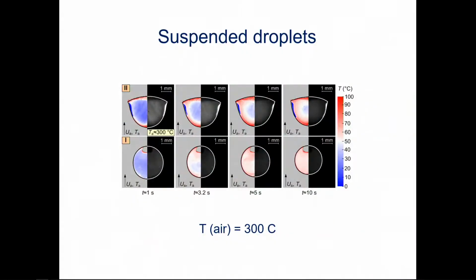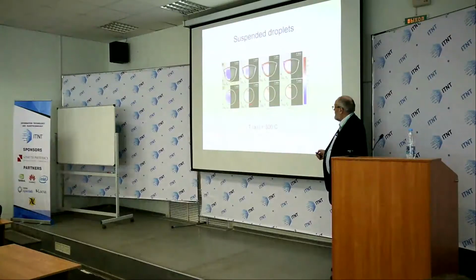The experimental technique which they used allowed them to estimate the temperature distribution inside the droplet. Here you see some typical profiles at various cross-sections and at various time instants.